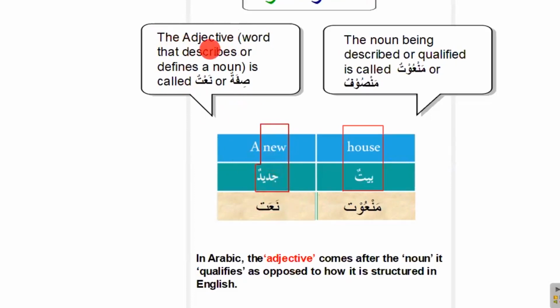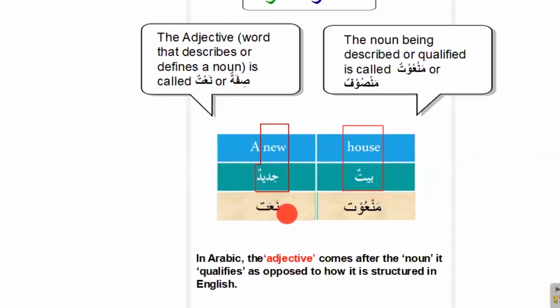The word that describes or defines a noun is called the na'at, na'atun, or sifa. It is also called sifa, another name for the na'at. I hope that one is even more common: sifa, sifatu, sifatun.